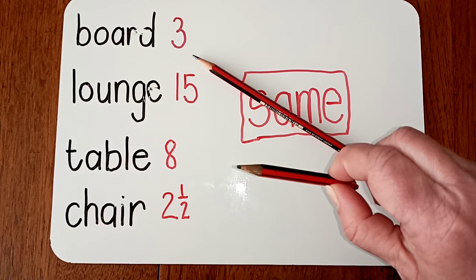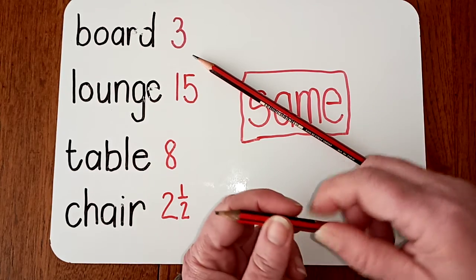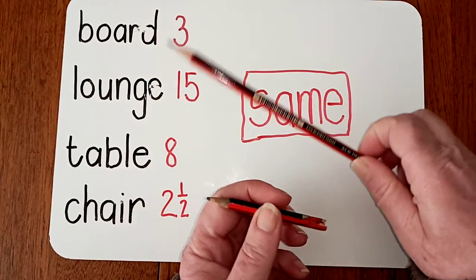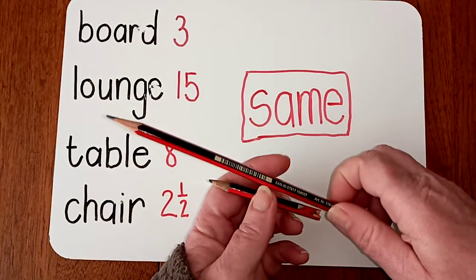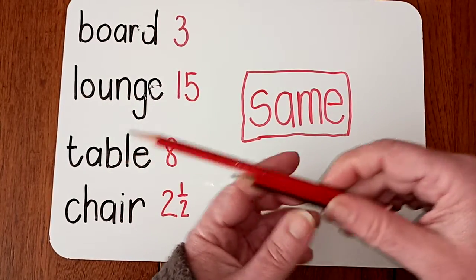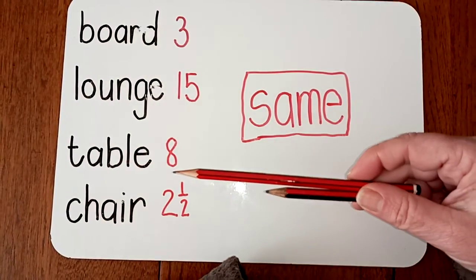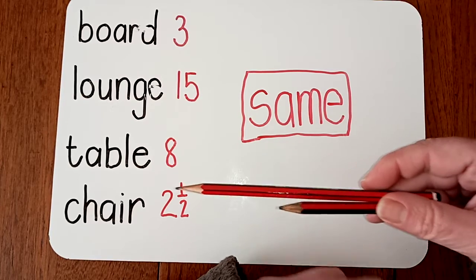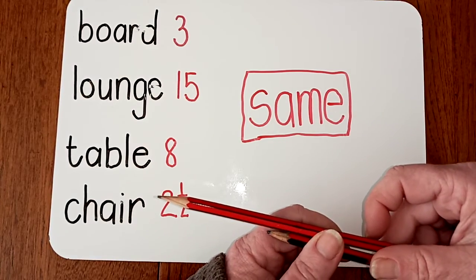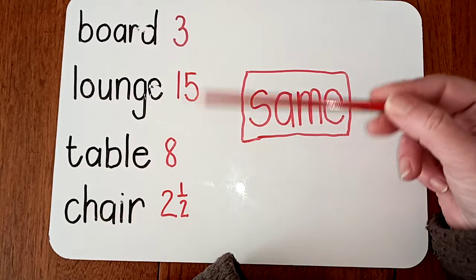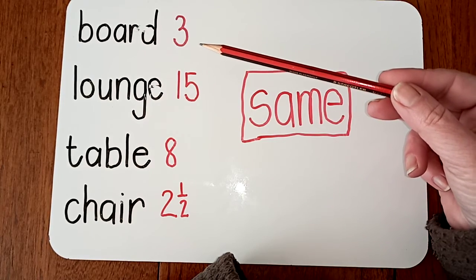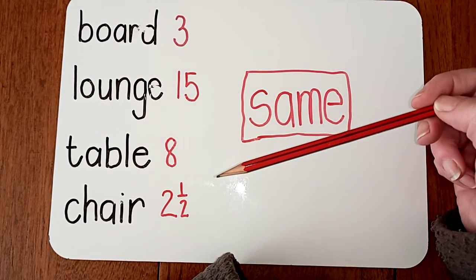We can't say that because Builder's Warehouse, maybe they'll use this pencil, maybe they'll use that pencil, they won't know what to do. So we can't use measurements like this if we want it to be accurate and correct. So none of your answers were wrong, but we were measuring incorrectly.